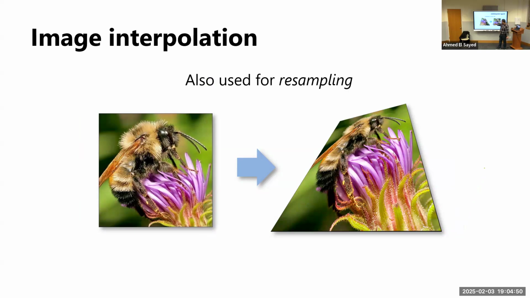We will come to this transformation at some point later in the course, where we can move this and give it depth. In this case, those pixels that we generate for the depth need to be interpolated, because I don't have them here. This is regular 2D. How do I convert it to a 3D image? I need to generate this depth data. So we can use this interpolation technique as well.